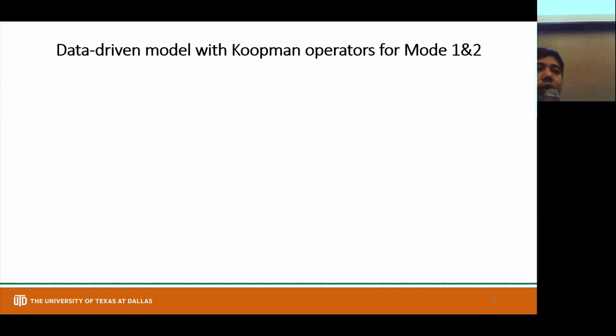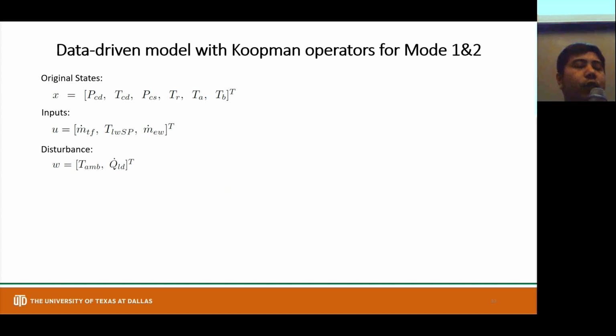To deal with the nonlinear system, we use a linearization method with Koopman operators. First, we have the original state, the input, and the disturbance. We can build a discrete-time nonlinear dynamic system as in this equation.